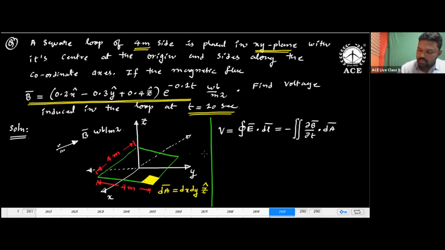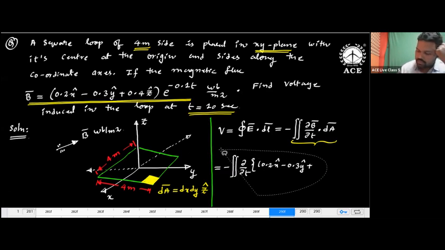As the flux density is given, this is the thing to be used. Minus surface integral of dou by dou t of B. What is B? 0.2 x cap minus 0.3 y cap. Space would not be sufficient, I'll turn the page.